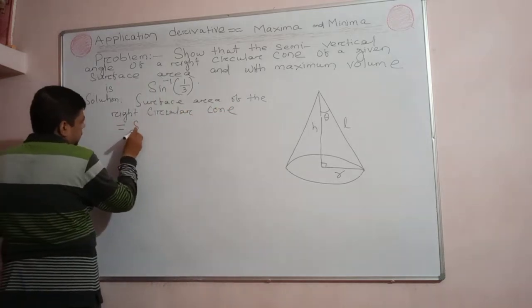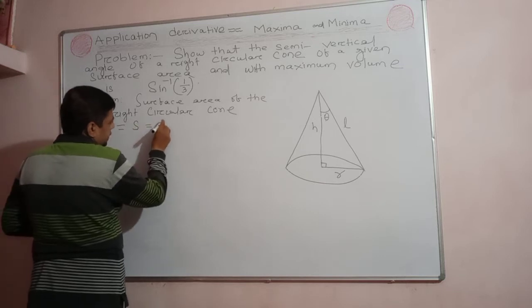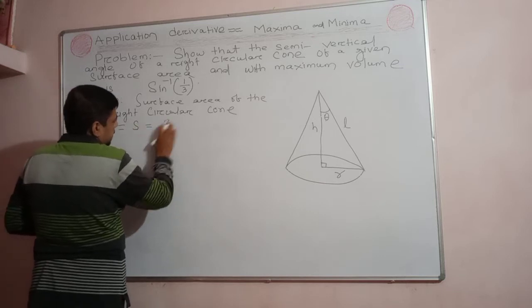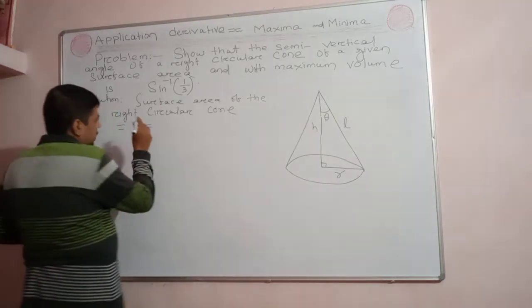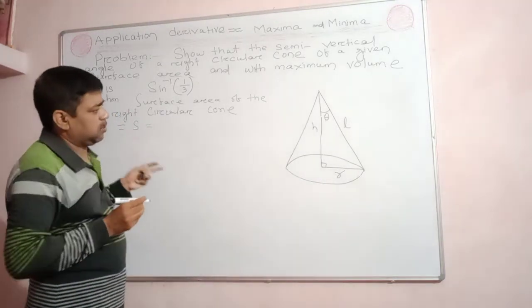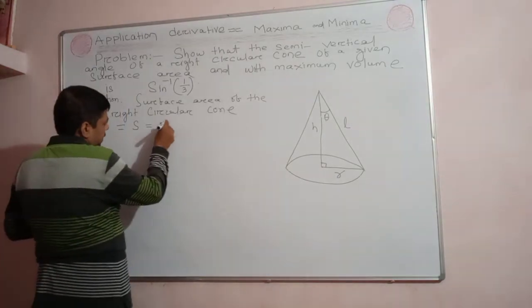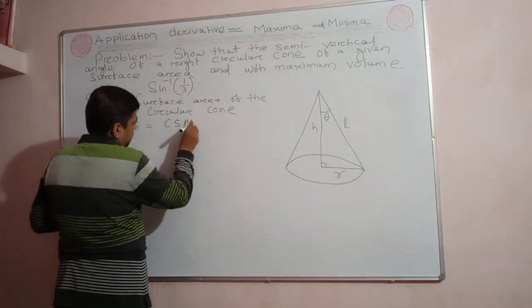Suppose capital S is equal to base area plus curved surface area. The right circular cone has two surfaces: one is the curved surface area, another is the base area.